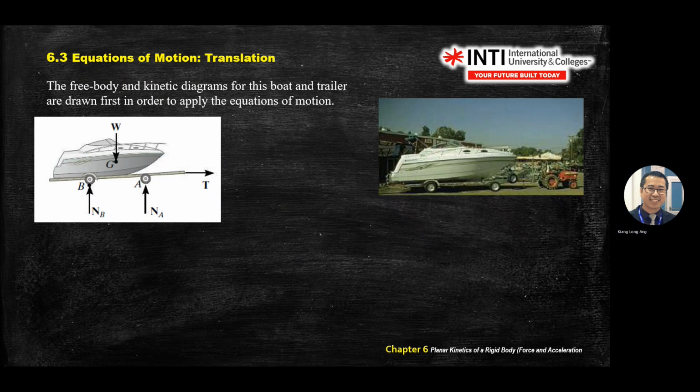So if you have an object towed by a truck, this boat on a wheel, are you able to convert the scenario in the picture into the free body diagram? Right? So same. First, you draw free body diagram. Again, center of mass. Look for G. G, and then again, your W always from the G point.